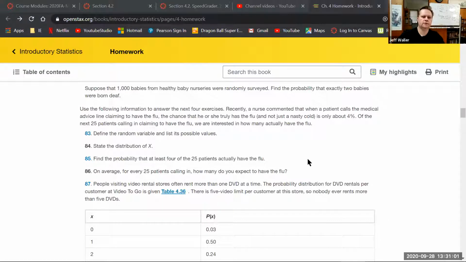Let's look at a couple of things. A nurse commented that when a patient calls claiming to have the flu, the chance they do is only about 4%. Of the next 25 patients calling in, we're interested in how many actually have the flu. Can somebody figure out what's N?